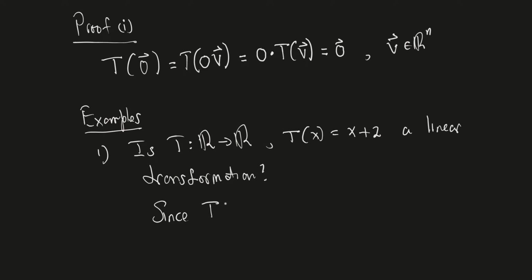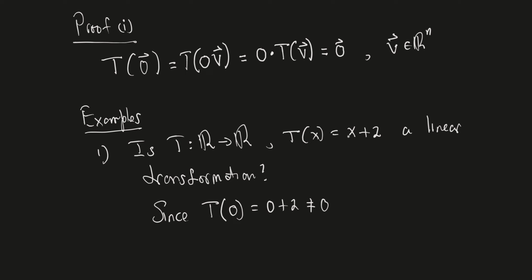That doesn't give me back 0. So because it doesn't follow this property of linear transformations, this function, which looks to us as being linear, doesn't have the property of a linear transformation.